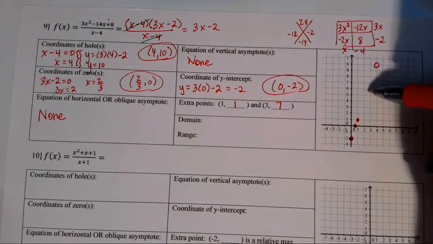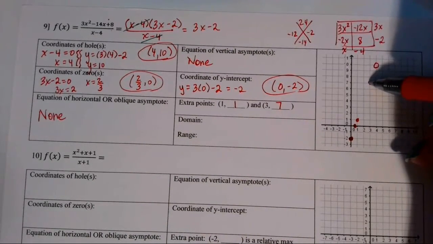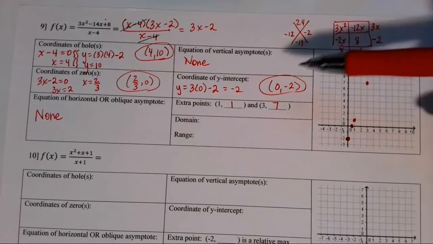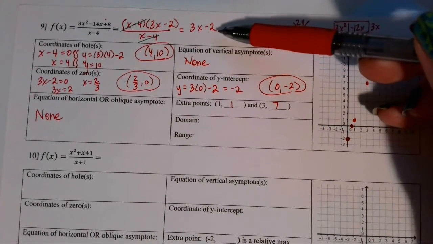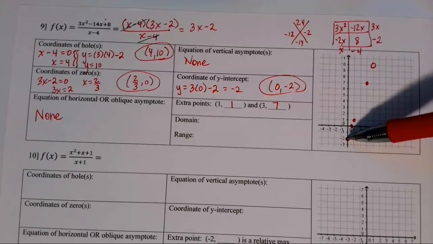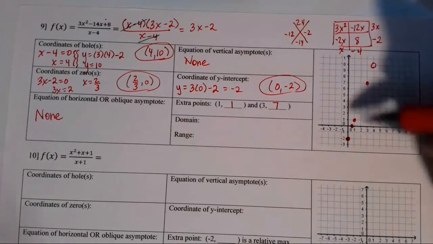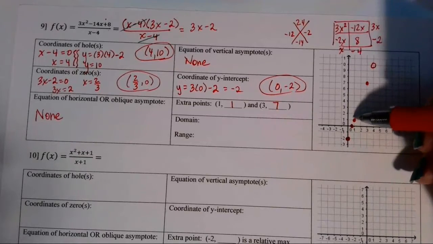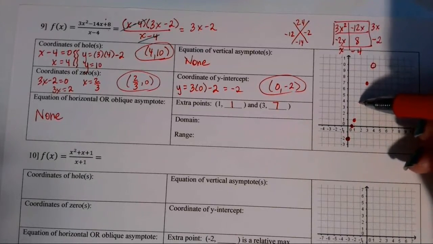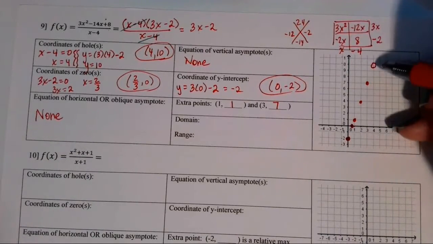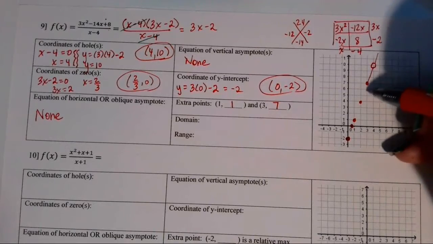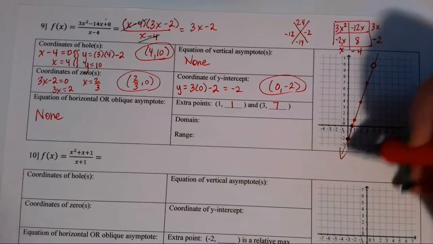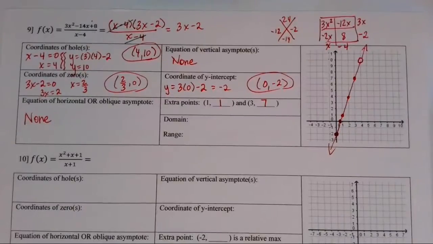So 3 comma 7 is on this graph, and we can see that this is a linear function, so its y-intercept is -2, and then we can use that slope of 3 and get as many points as we want. So up 1, 2, 3 over 1, up 1, 2, 3 over 1, right, and so on, and then we can connect those dots, and that would be the graph of the rational function.